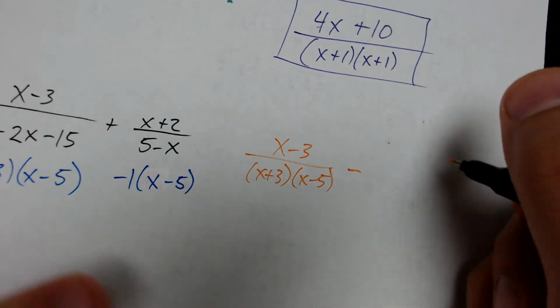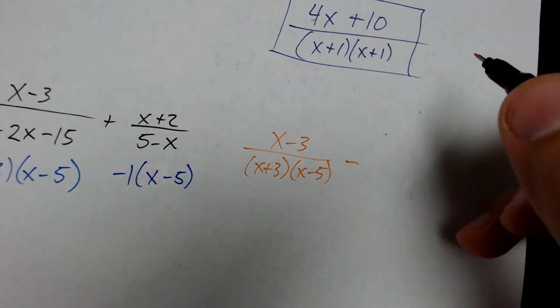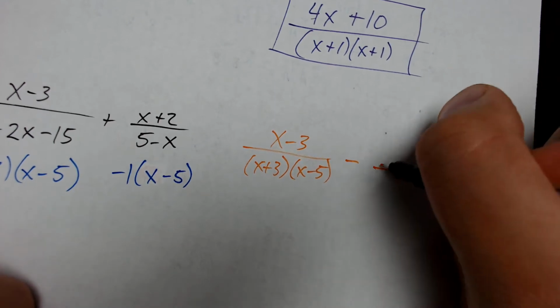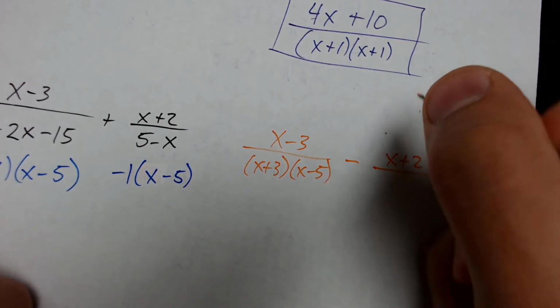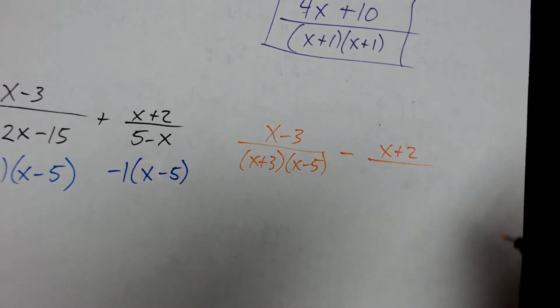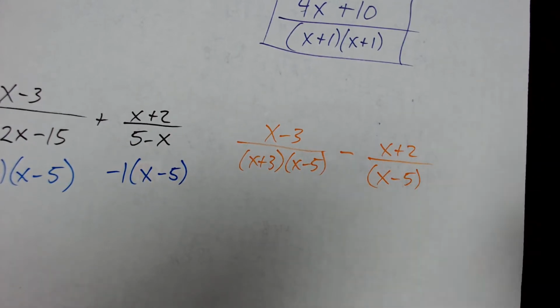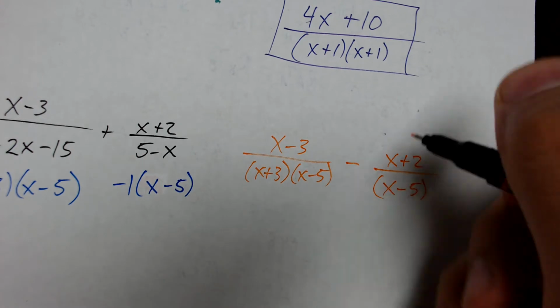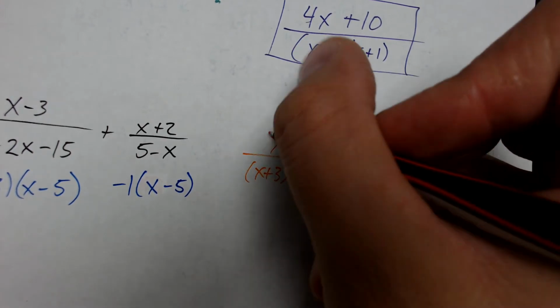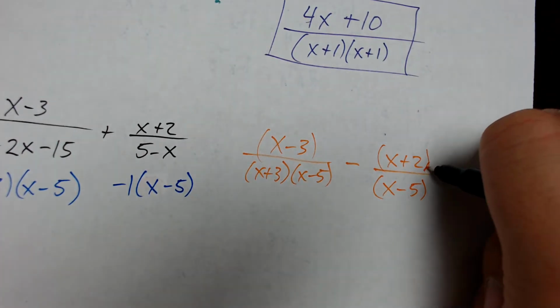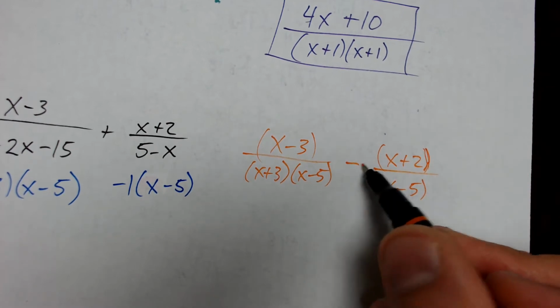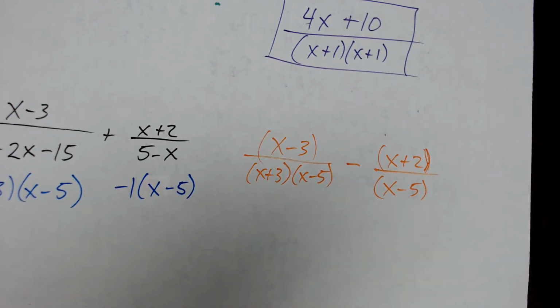So now we have minus x plus 2, and then we have the denominator of x minus 5. And mentally, it's always a good thing to try and insert parentheses around any polynomials in fractions. A reason for that is because of the way this negative is going to get applied. And we'll see that in a second.